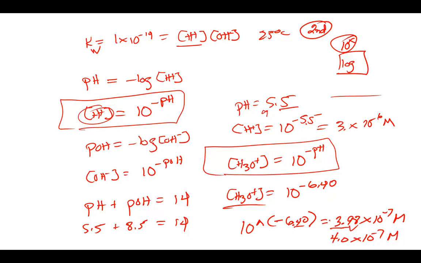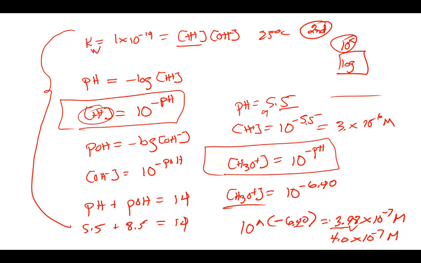Just to recap, these are the important equations you need to know in order to do the pH problems in Chapter 8 of our book. You need to know how to use the calculator, and it depends on what kind of calculator you have. I'm using a TI-84, so I put it in just like I see it, but I do have a TI-30.